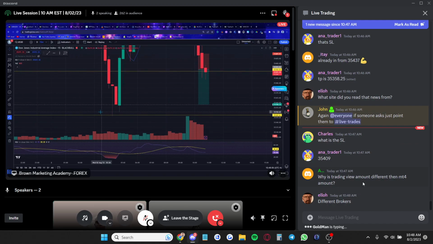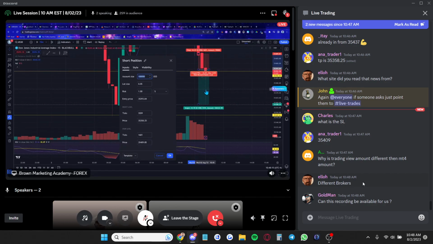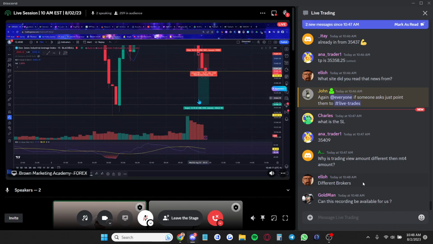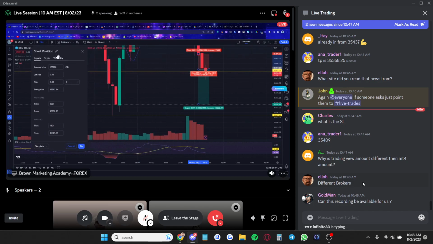TradingView, amount different. Wish there was an easier way to copy this stuff right here. Make this bigger. Oh yeah, John had put it in there, so you guys should see it there.